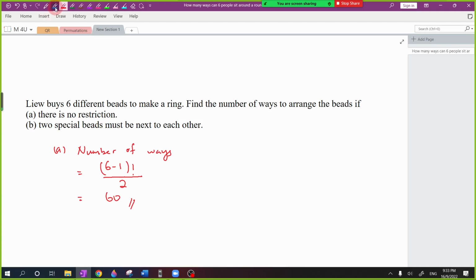Okay, now let's go to the last one, B. 2 special beans must be next to each other. There are 2 beans that must be next to each other. So let's say I have a circle. I have 6 beans: 1, 2, 3, 4, 5, 6.